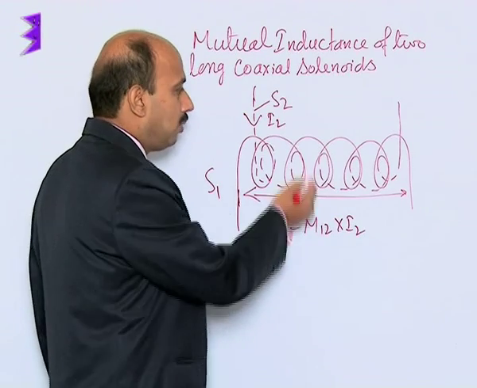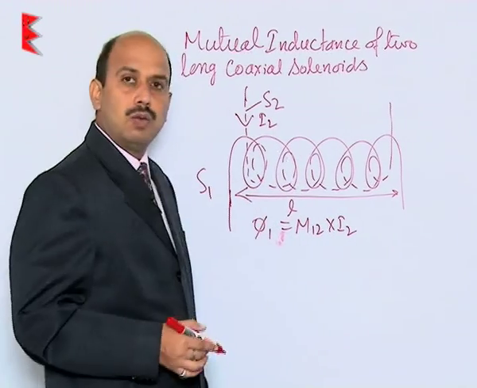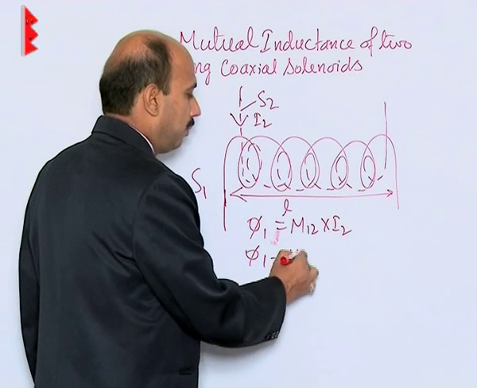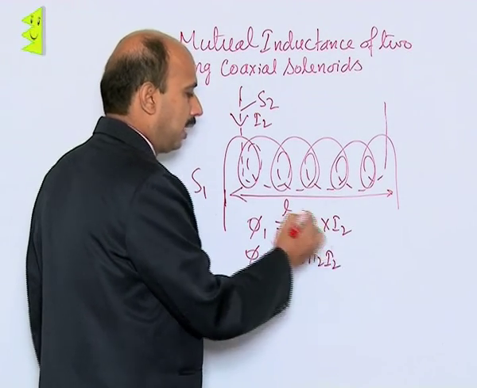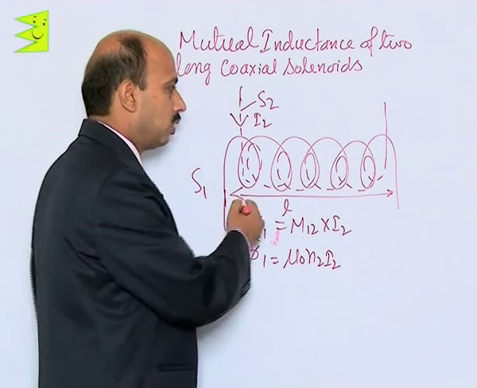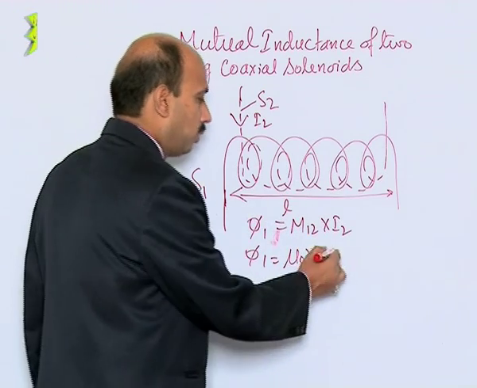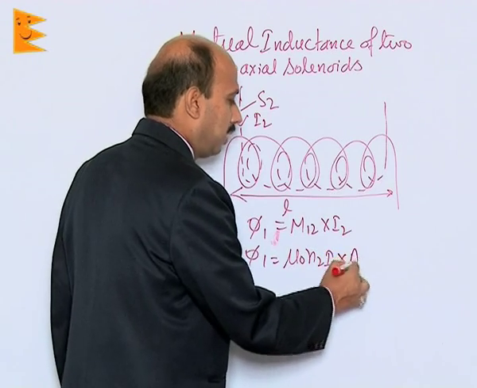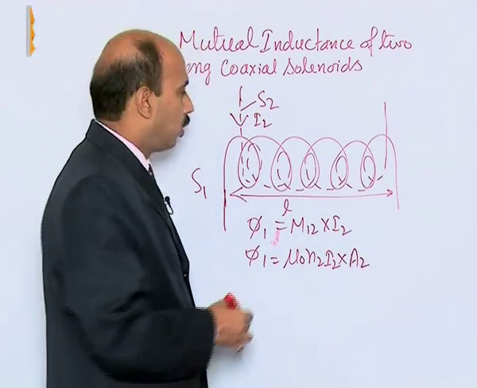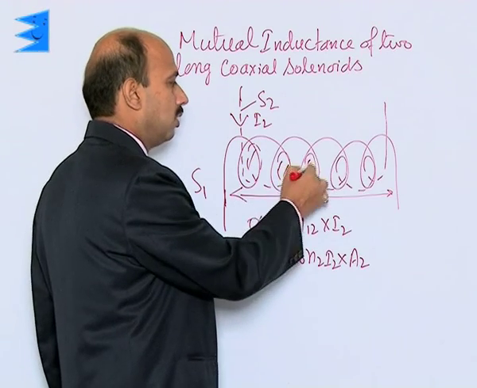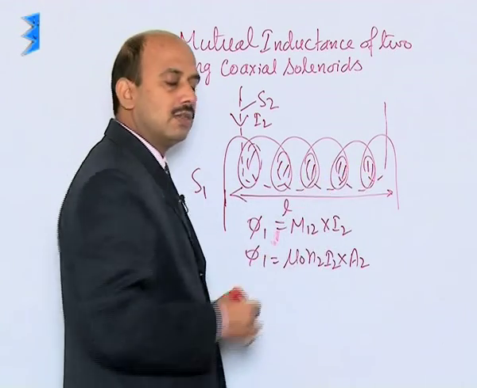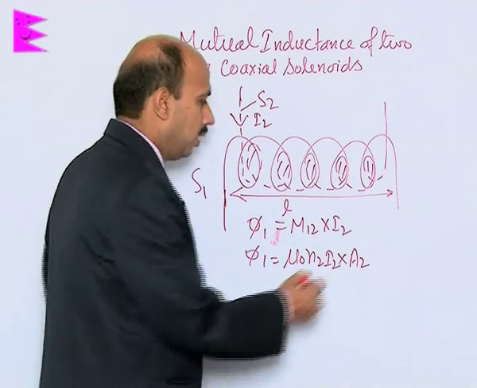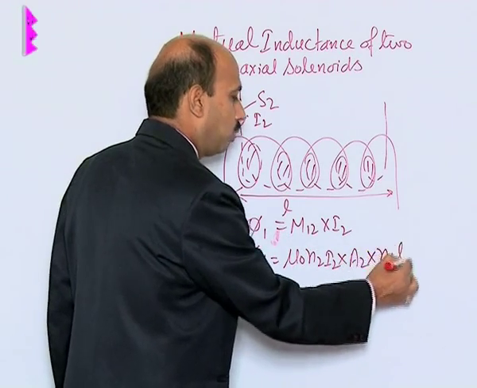The total magnetic flux linked with coil 1 is phi 1 is equal to mu naught N2 I2, that is the magnetic field in coil 2, which is common for coil 1 also, into the area A2, because we take only the common area which is in both the coils. So, this much area is included, whether the current is flowing through the bigger coil or the smaller coil, into N1 into L.